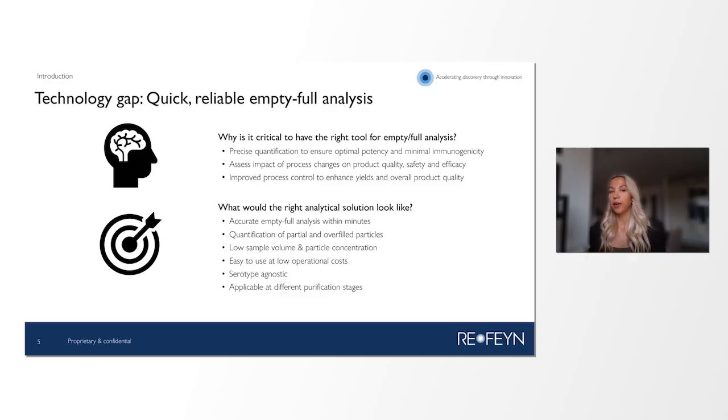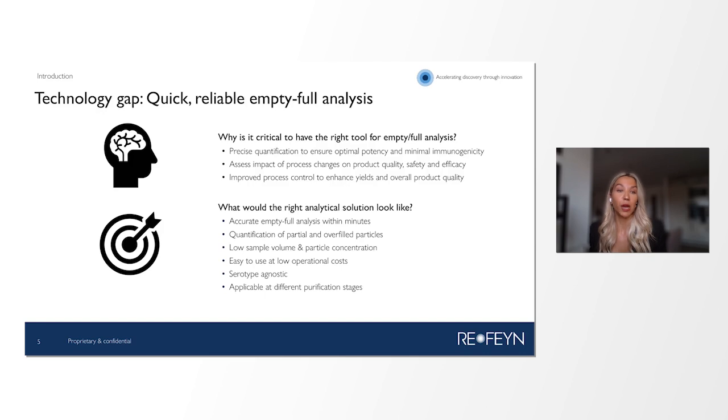As discussed earlier, the presence of these undesired AAV capsids can impact both potency and immunogenicity. That's why it's important to precisely quantify the amount of empty and partial AAV capsids in the product.